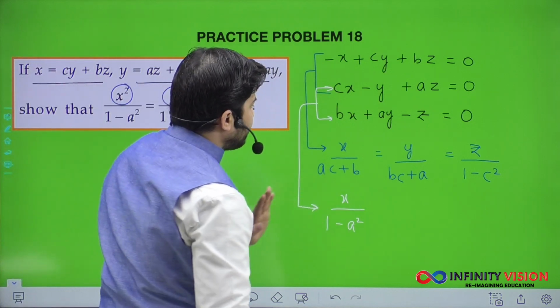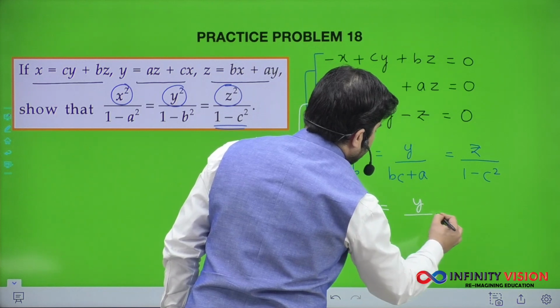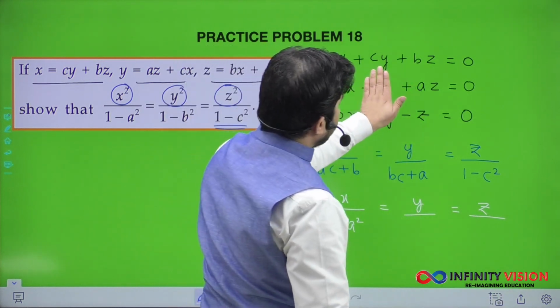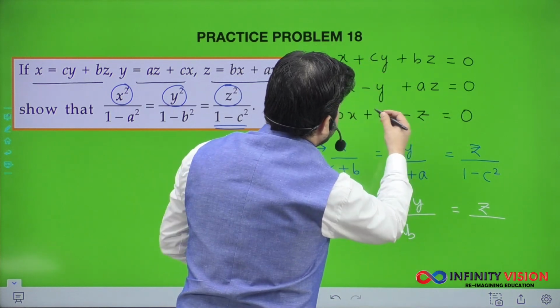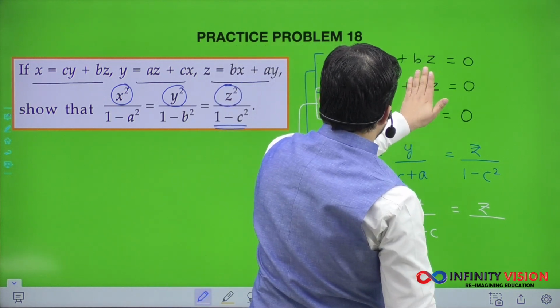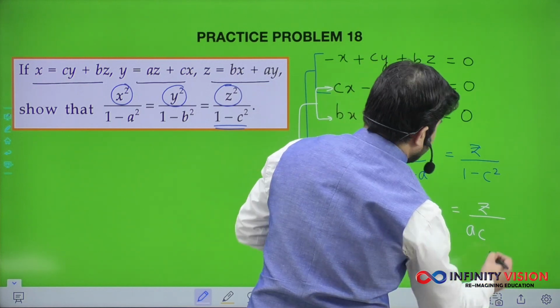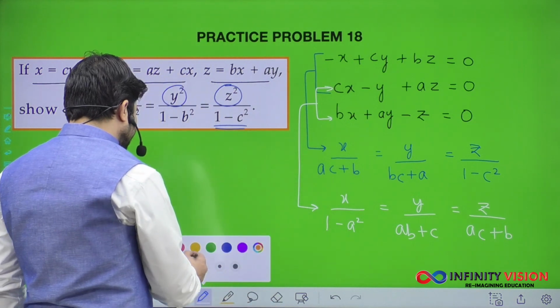So we just got x upon 1 minus a square is equal to y upon is equal to z upon. For y, we are just going to hide the y term. a is going to be with b, ab, minus of minus c, that is going to be plus c. And for z, we are just going to write ac, because a into c is ac, minus of minus b, that is plus b.